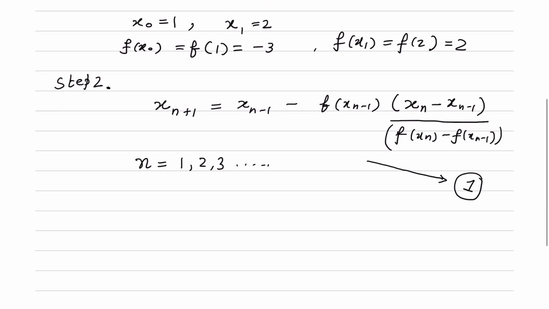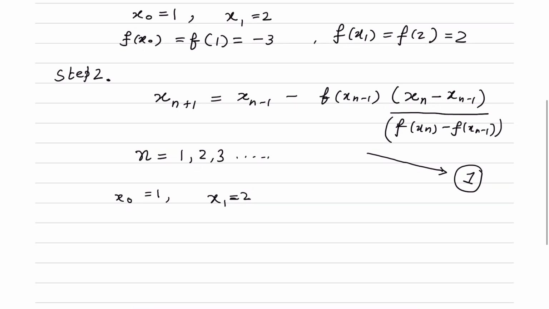Now, we have the point x0, which is 1, and the point x1, which is 2, and now we have to find the next x. The next x could be a root or it could not be a root. We will have to check that. How do we find the next x? After x1, we put n equal to 1 in formula 1.